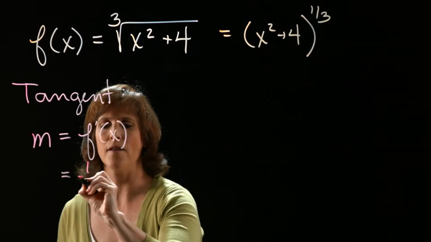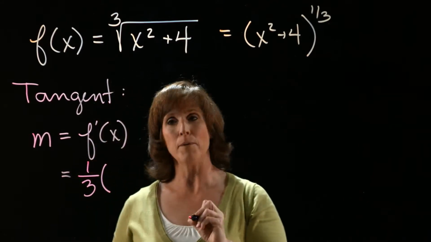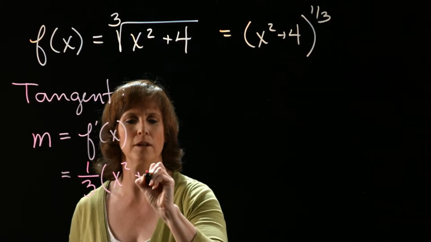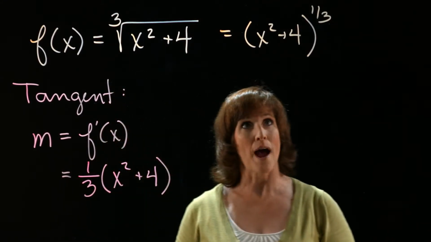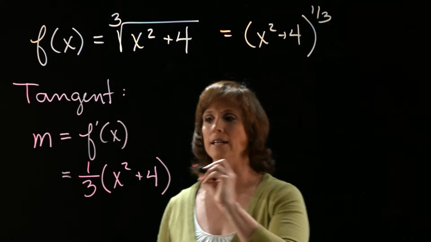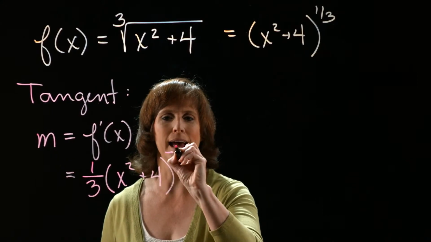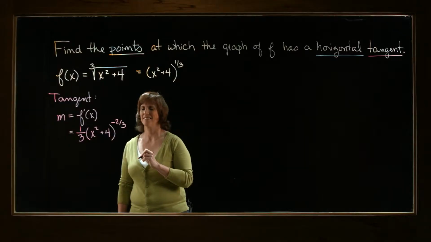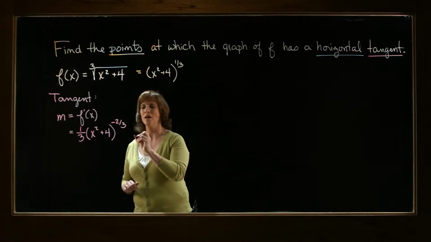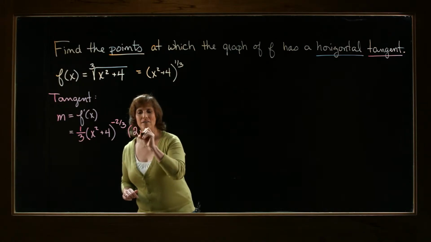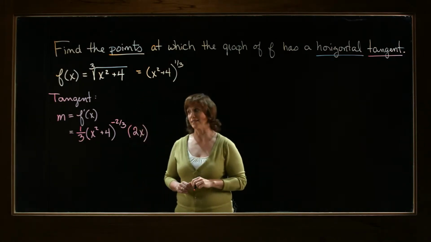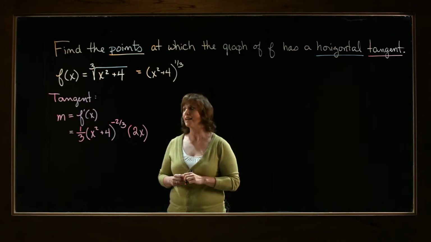So we'll bring down the 1/3, copy over x squared plus 4, subtract 1 from the exponent. Now, don't let subtracting fractions scare you. 1/3 minus 1 is negative 2/3. And now because of the chain rule, we need to multiply by the factor of 2x. And now I have my derivative.